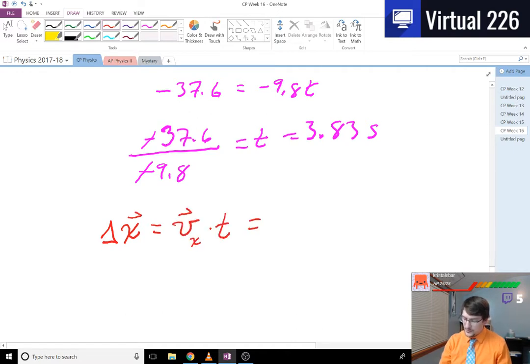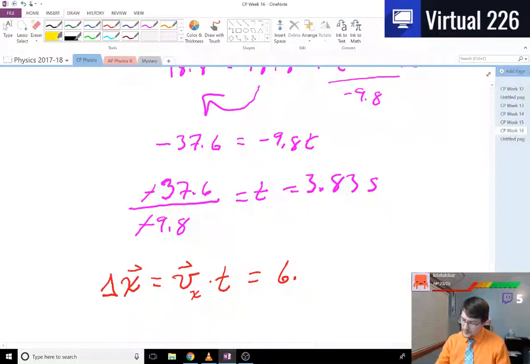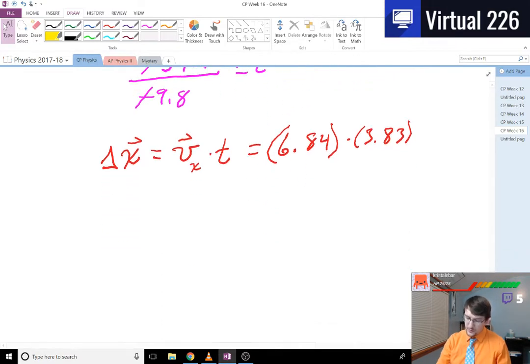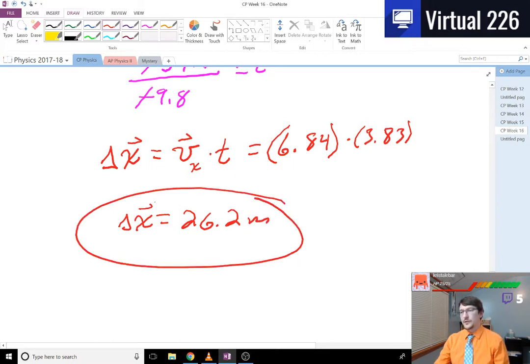What was our velocity? 6.84 times 3.83. When we multiply those together, we get a total delta x of 26.2 meters. And that's how far the object actually shot in the x direction.